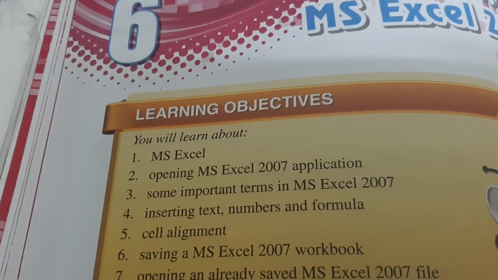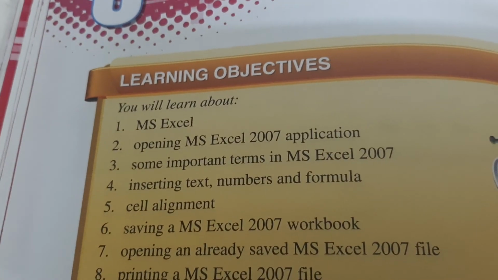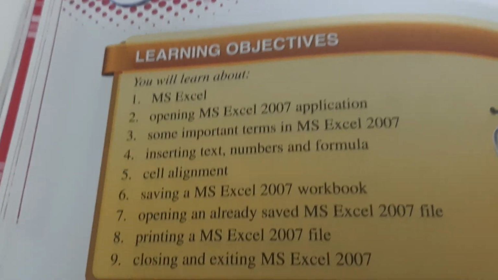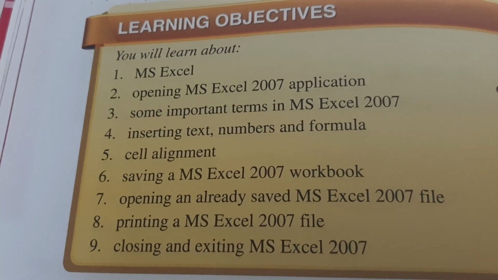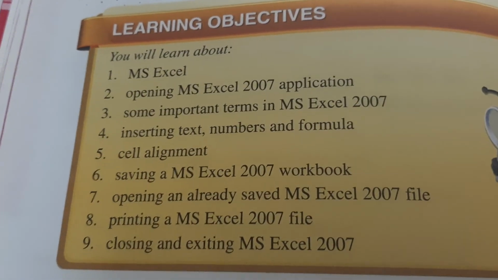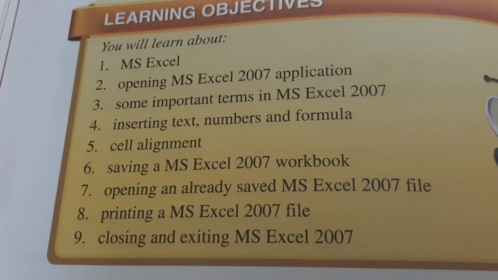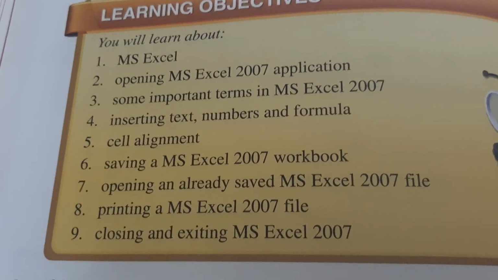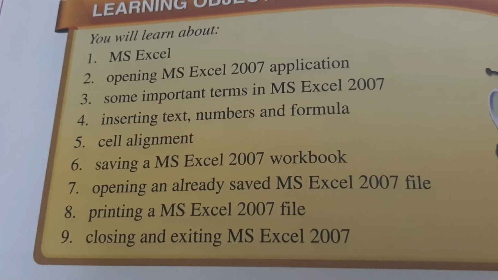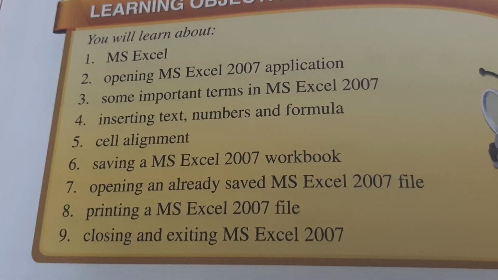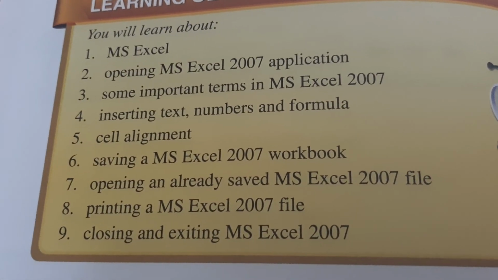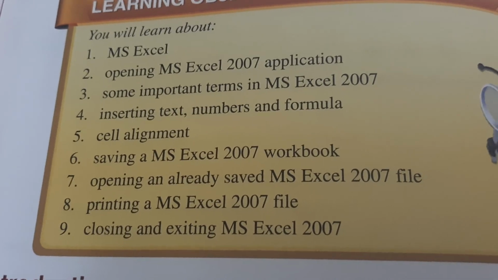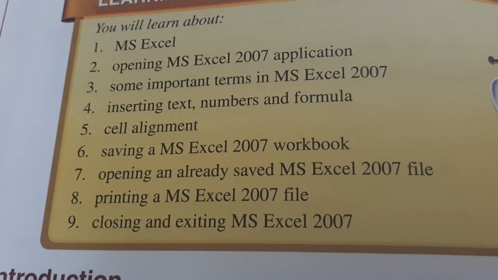In this chapter, we will learn about MS Excel, opening MS Excel 2007 application, some important terms in MS Excel, inserting text, numbers and formula, cell alignment, saving MS Excel 2007 workbook, opening an already saved MS Excel 2007 file, printing MS Excel 2007 file, closing and exiting MS Excel 2007.